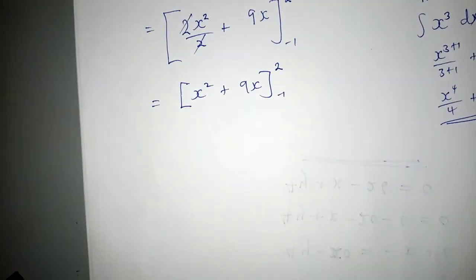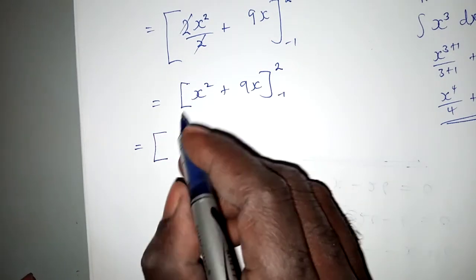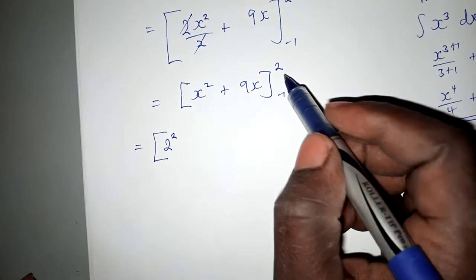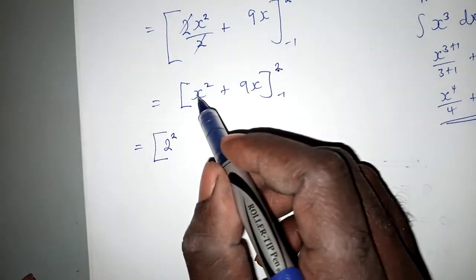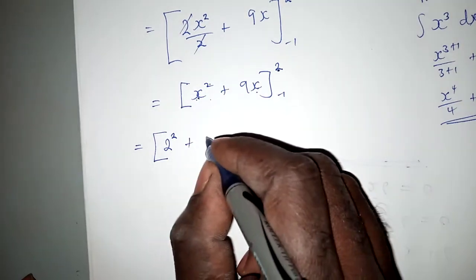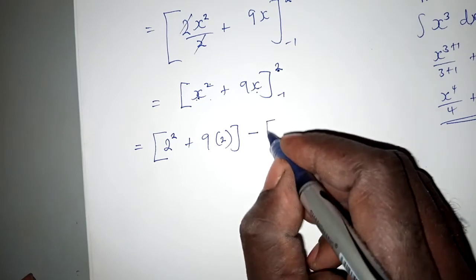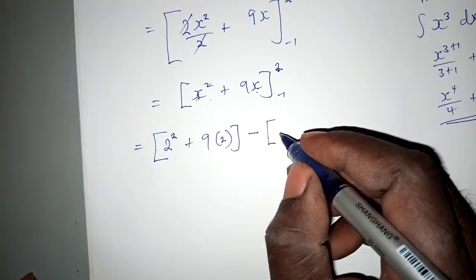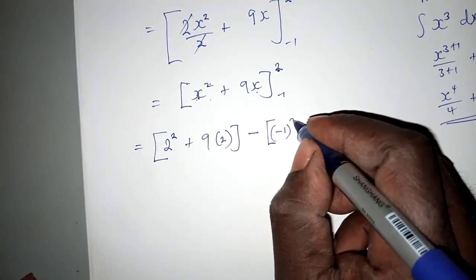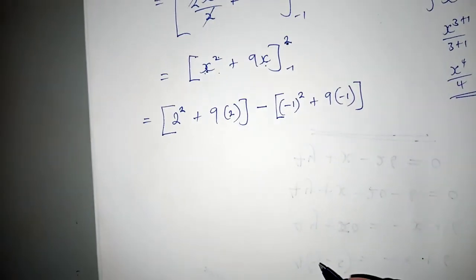From here, we are going to substitute the values, that's the upper limit minus the lower limit. So we have 2 to the power of 2, because our upper limit is 2. We substitute it in place of x. So we have 2 raised to the power 2 plus 9 into 2, that's the upper limit, minus the lower limit, which is -1 to the power of 2 plus 9 into -1.